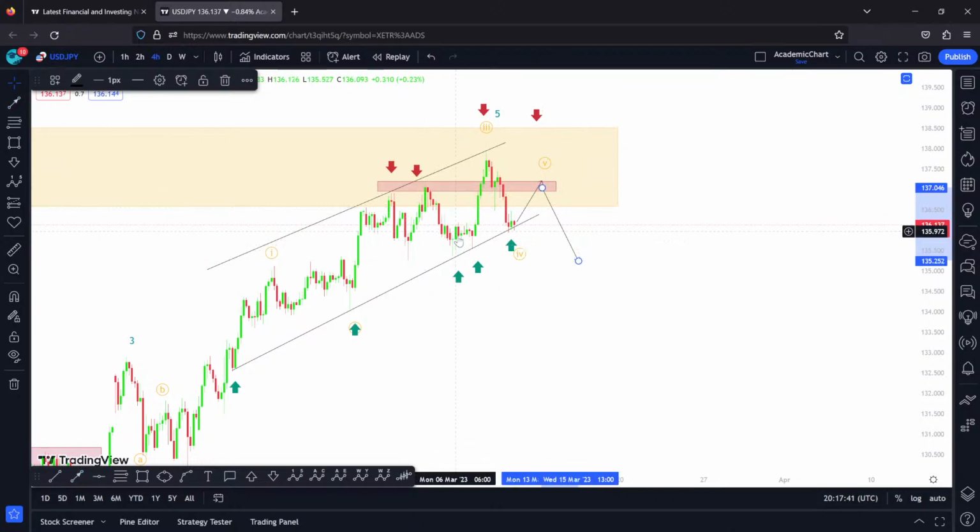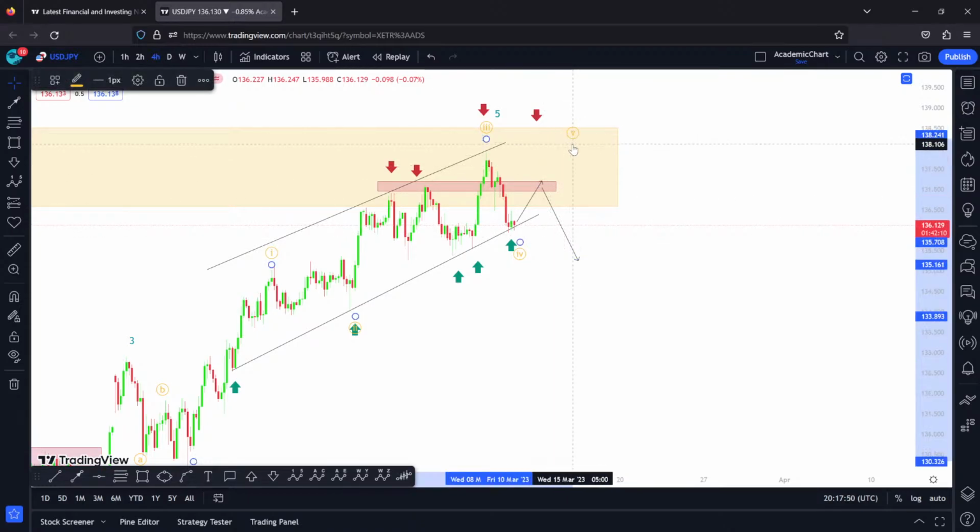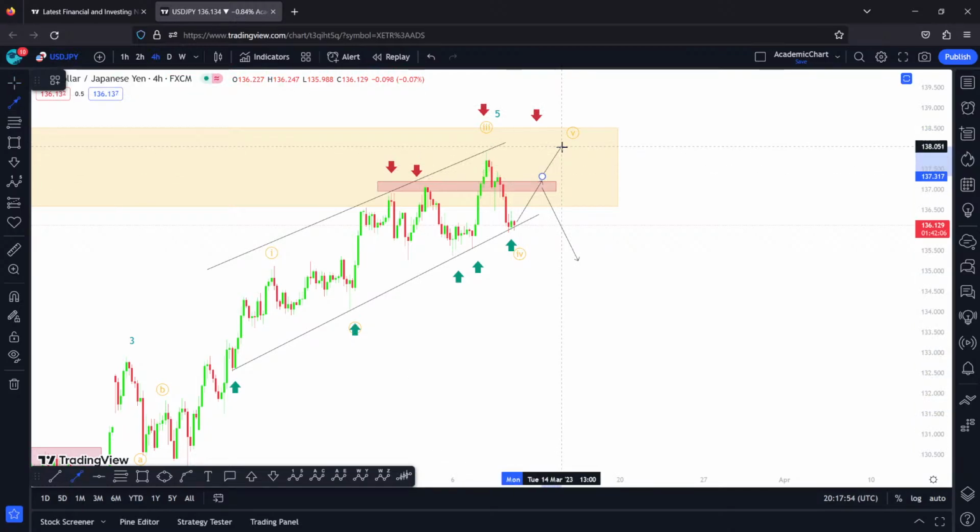This is my left shoulder, this is going to be my head, and this is going to be my right shoulder. Depending on where exactly this fifth wave is going to be, we are going to see a double top or head and shoulders, which both indicate a reversal. Both of these patterns are reversal patterns. So this might be my short-term conclusion.